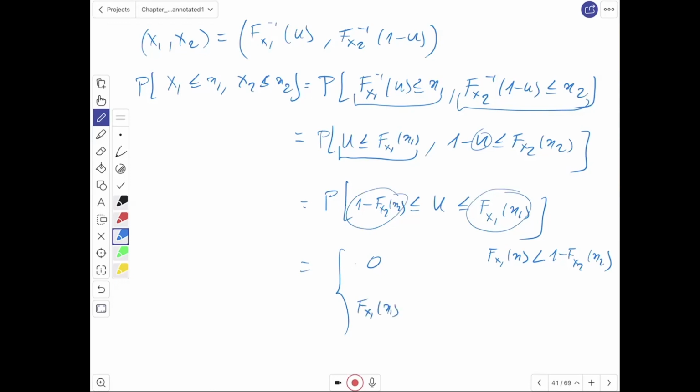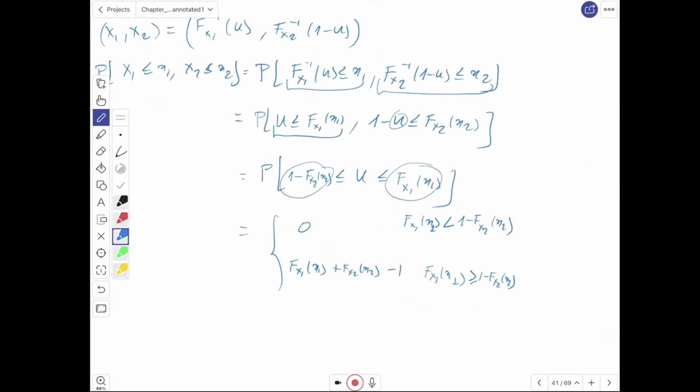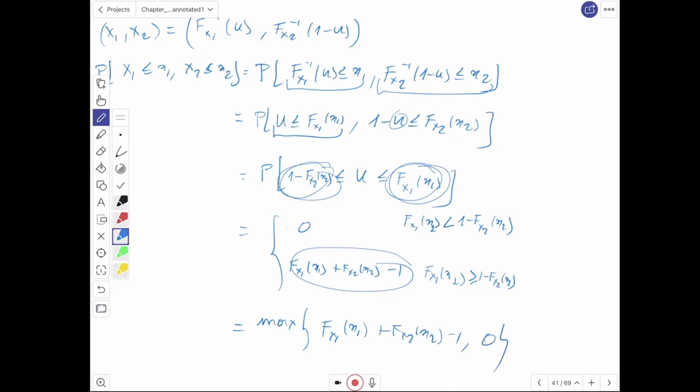F_X1(x1) minus 1 minus F_X2(x2), which is F_X1(x1) plus F_X2(x2) minus 1. So this is this minus this, which you can also write as the maximum. You take F_X1(x1) plus F_X2(x2) minus 1. If it is positive, fine; if this is negative, you have to take 0.